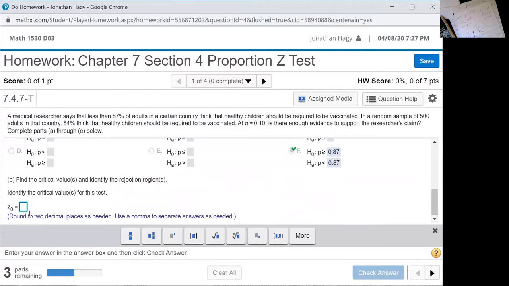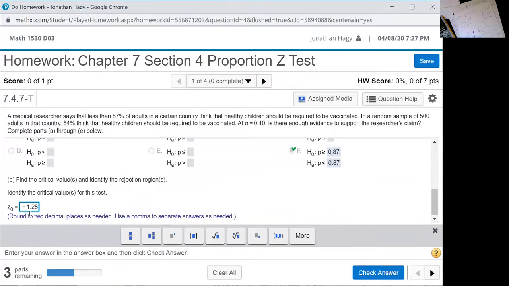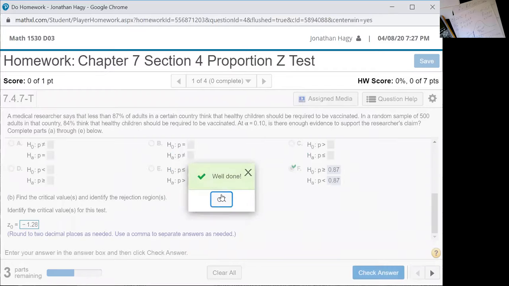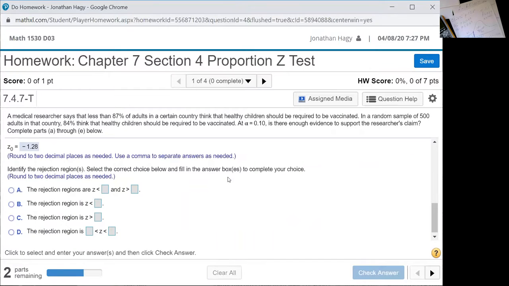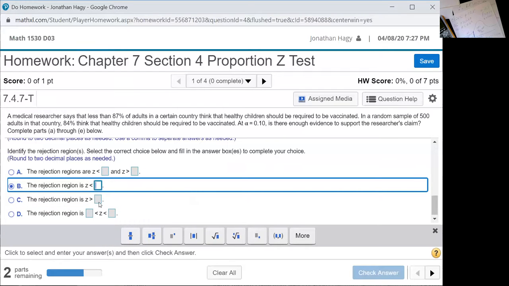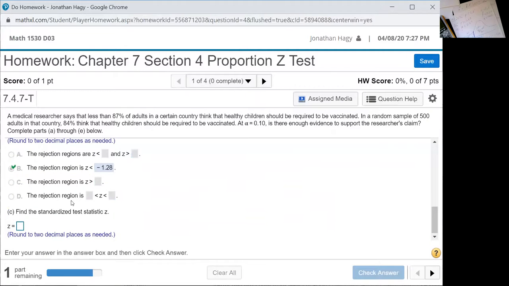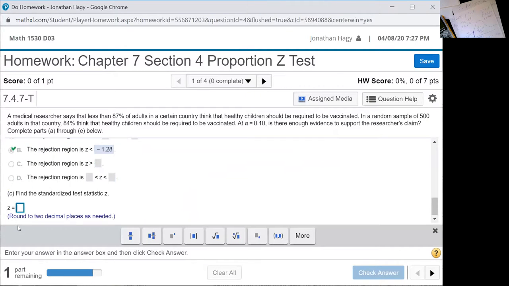The Z critical value we got was negative 1.28. All right. The rejection region is to the left, so it's less than that critical value of negative 1.28. The test statistic we computed to be negative 2.